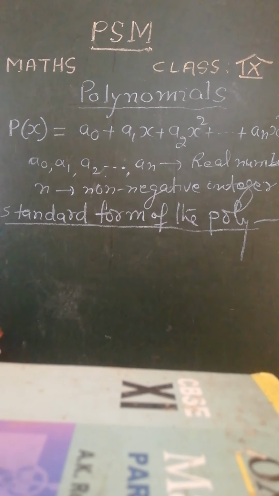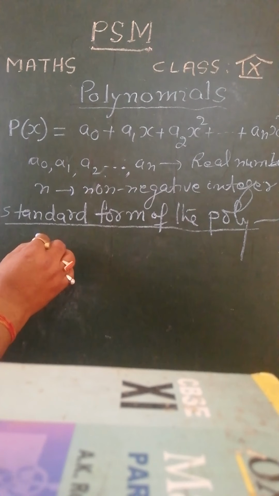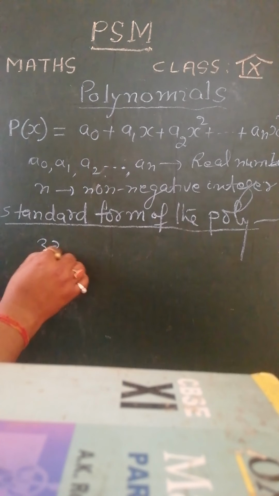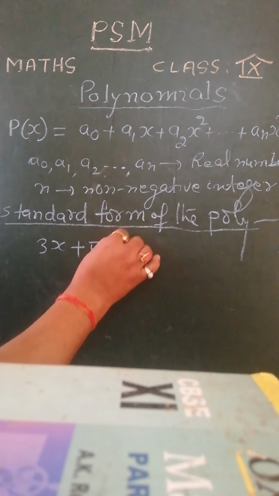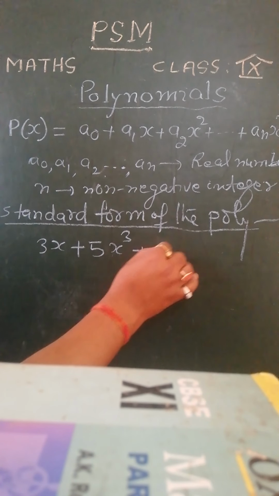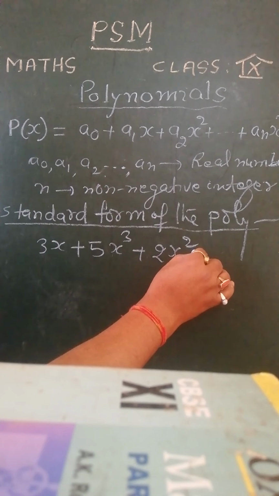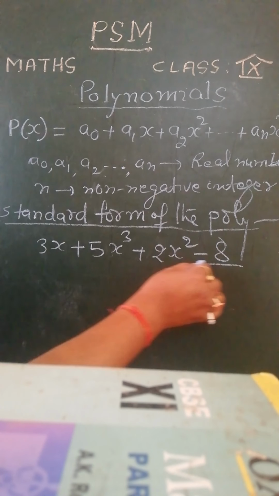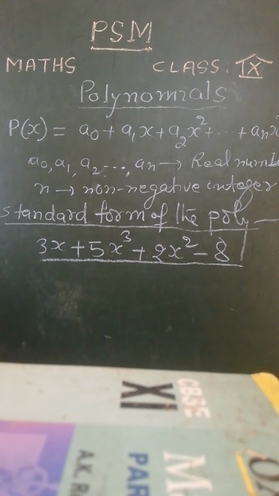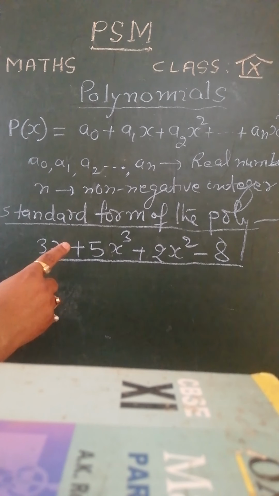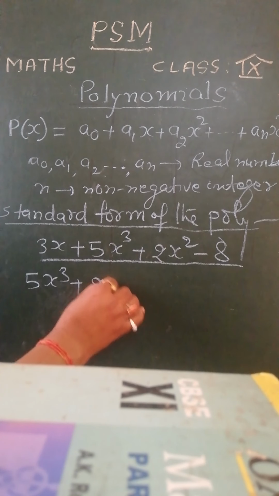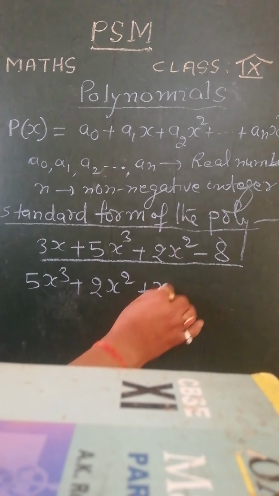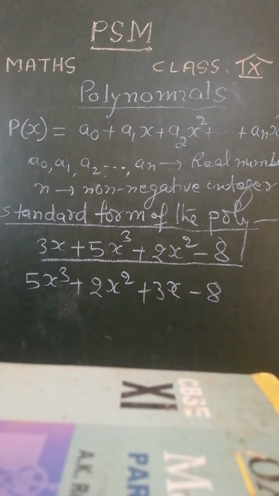For example, you see this polynomial 3x plus 5x cube plus 2x square minus 8. This is a polynomial whose standard form is 5x cube plus 2x square plus 3x minus 8.